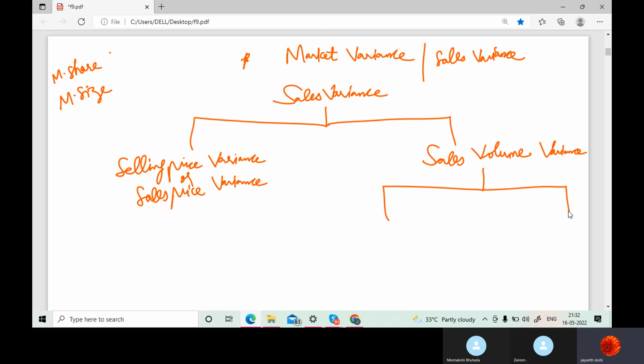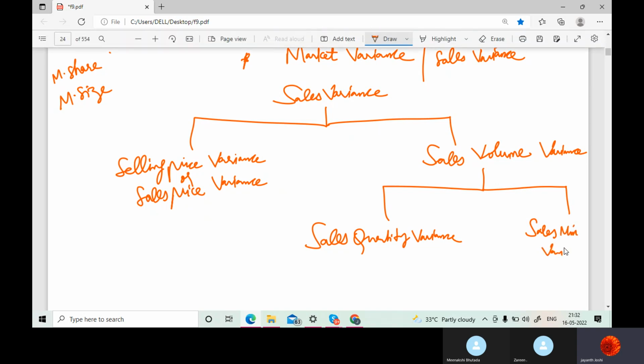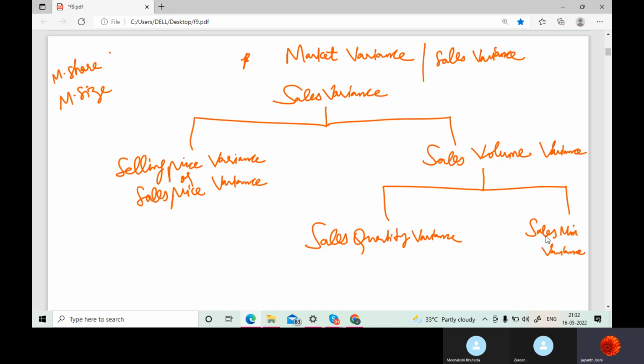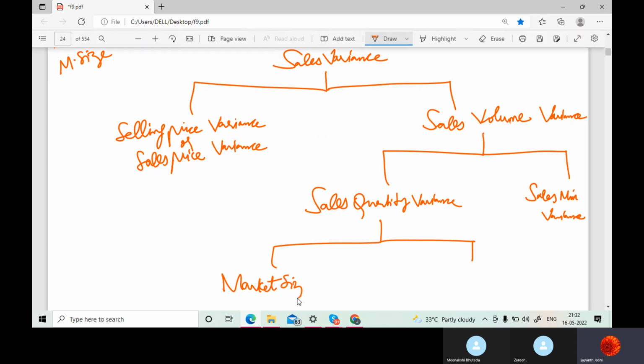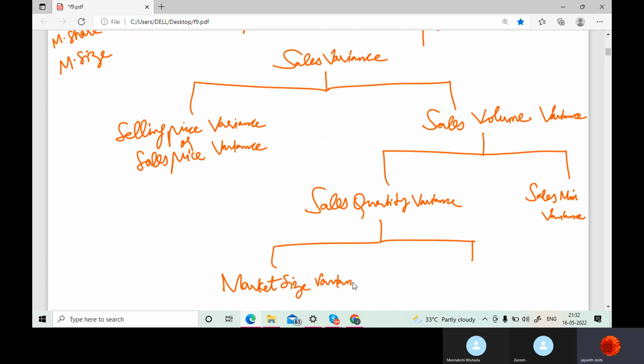Sales volume variance again I will divide into sales quantity variance and sales mix variance. Sales quantity variance again I will divide into market size variance and market share variance.